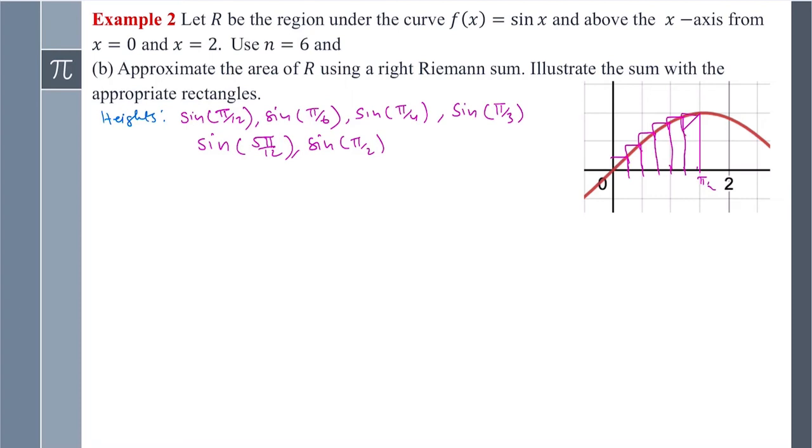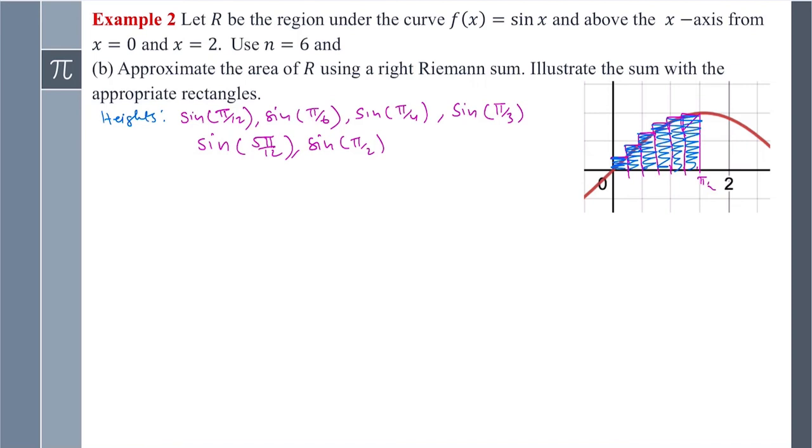So this is the height, that area that we are finding now. The right endpoint looks like it's going to overestimate because we are gaining a lot of area. The left Riemann sum underestimates because we were losing a lot of area, and that does not always happen. It depends on how the graph is.